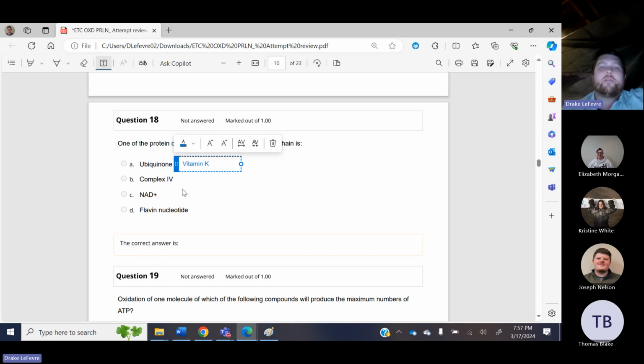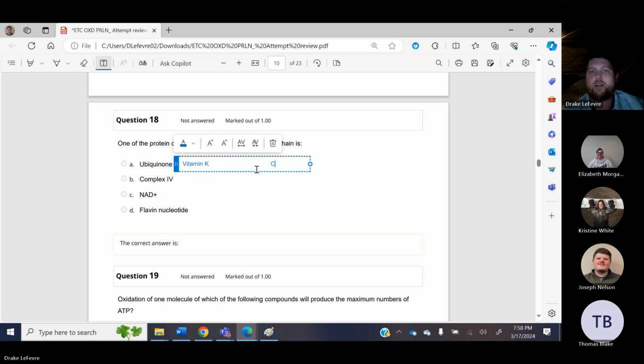So ubiquinone is very, very closely related to vitamin K. Do you remember when we talked about vitamins and minerals, right? What do we call those? Cofactors. And what else? Coenzymes.